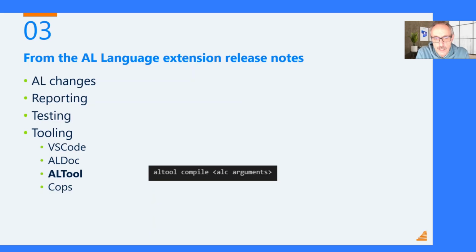The big thing here is that this AL tool is also available as a NuGet package, which makes it very useful to include in your CI/CD pipelines, where you can just import that NuGet package and compile your AL code from there. So it's a lot easier to do it that way than to completely install a Visual Studio Code compiler.